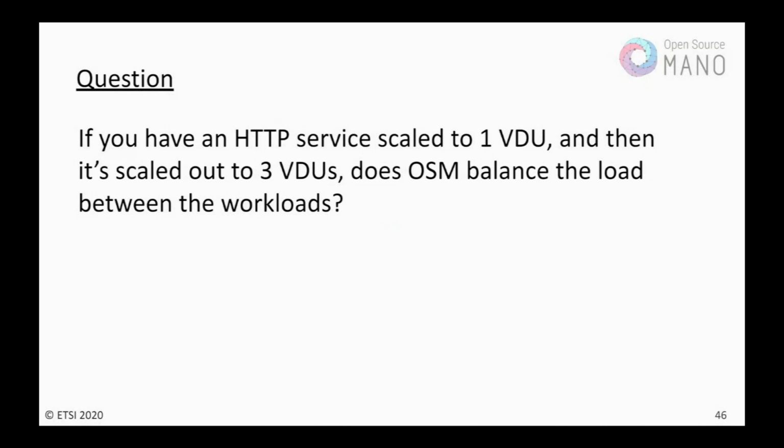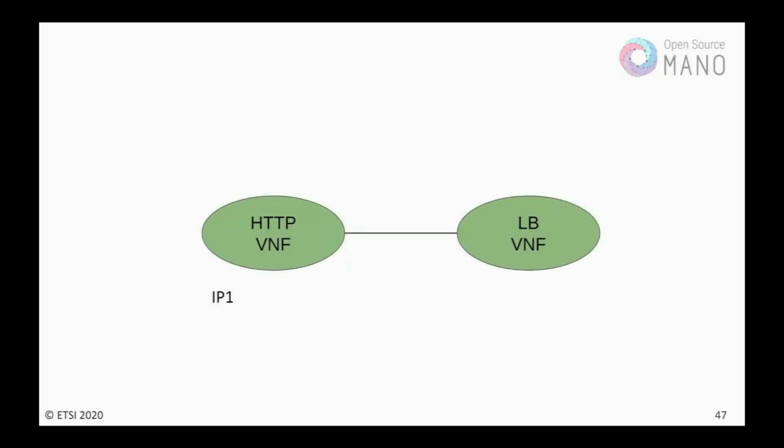So I think that to answer this question, we have to think of two cases. The first one is if we are working with VNFs or VDUs, okay, and the other approach would be with Kubernetes.